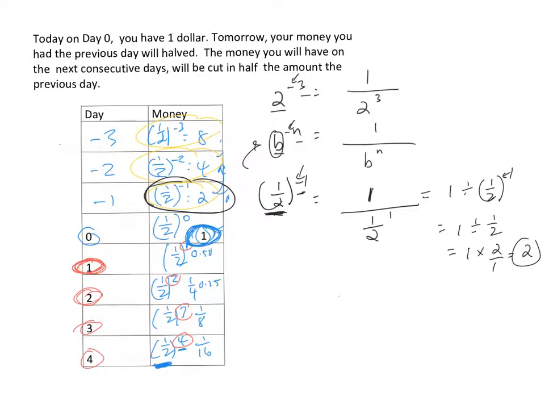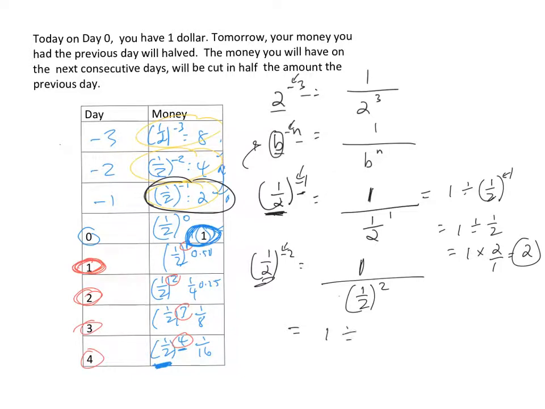Well, what happens to 1 over 2, a half, to the -2? It's exactly the same. We have the base, which is a fraction. You put the exponent form. You don't put the negative, because the negative tells you that there is a reciprocal. And then you do all the same work.